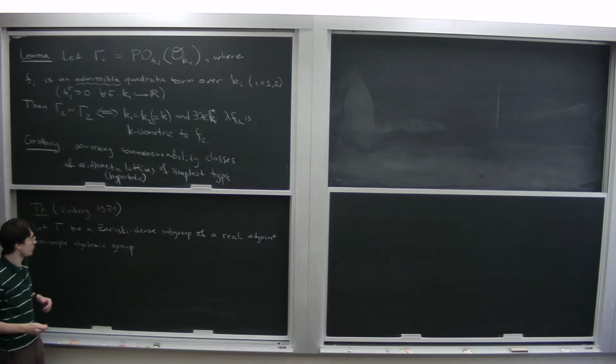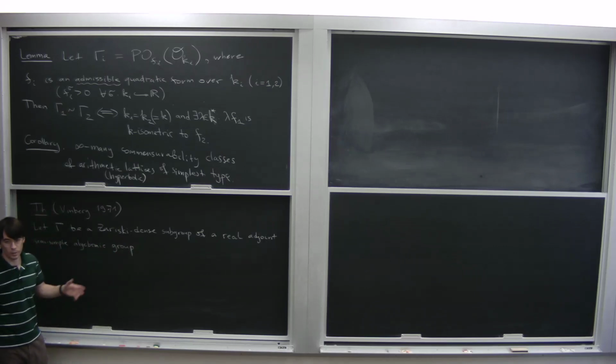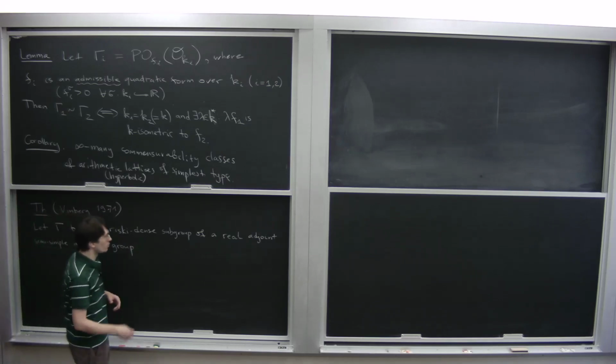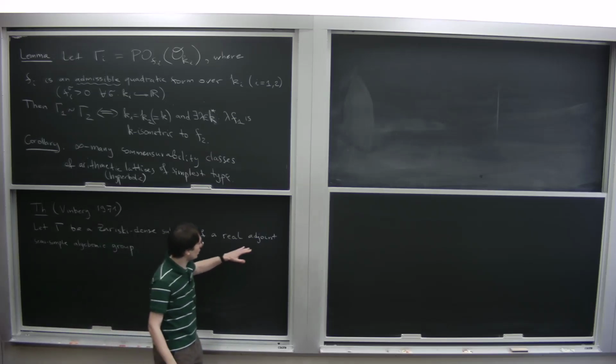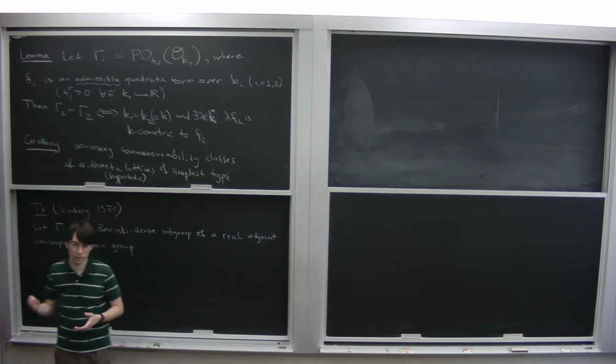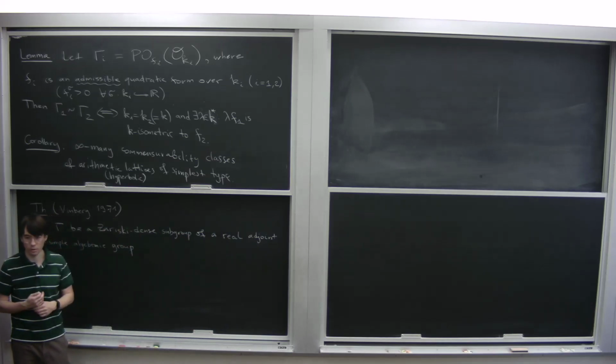So, for instance, any group like PO F, PO d 1, or PU n 1 works. Adjoint means it coincides with its adjoint image, or equivalently, it has trivial center, right?